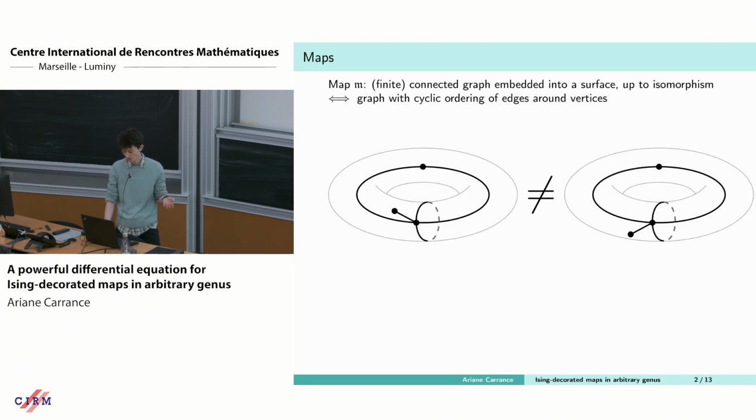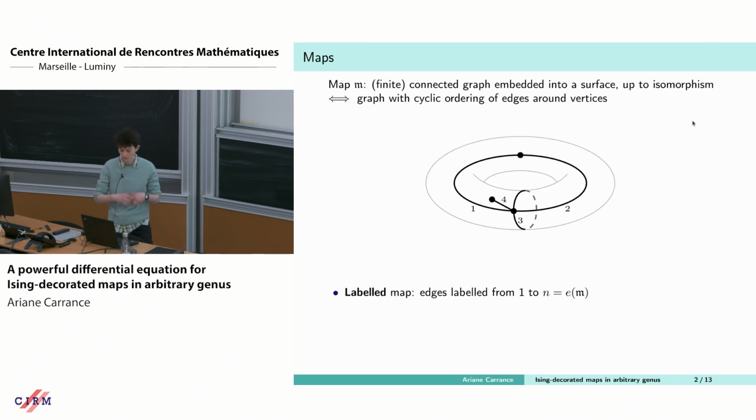So for instance, these two maps are different embeddings of the same graph into the torus, but they're not the same map, because you see that here the cyclic ordering of these edges is not the same in the two maps.